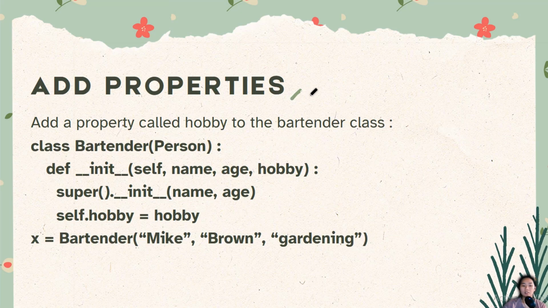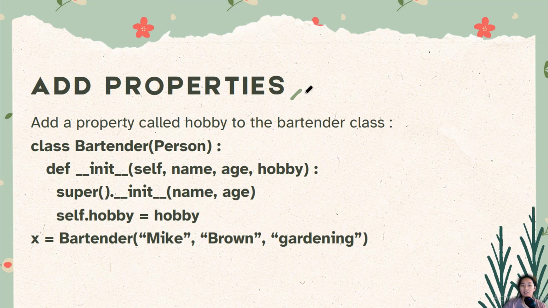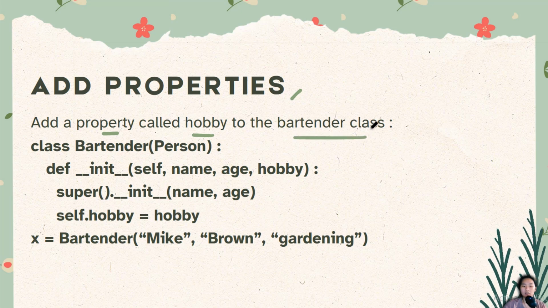Next up, adding properties. You can add a property to a child class and use that property however you want based on the stuff that you've added in the parent class. So I'm going to add a property called hobby to the child class, or the bartender class over here.